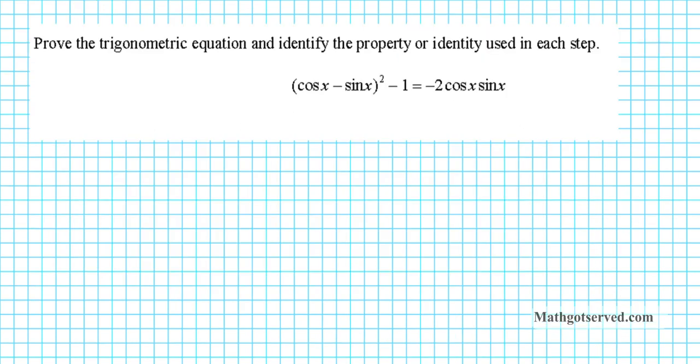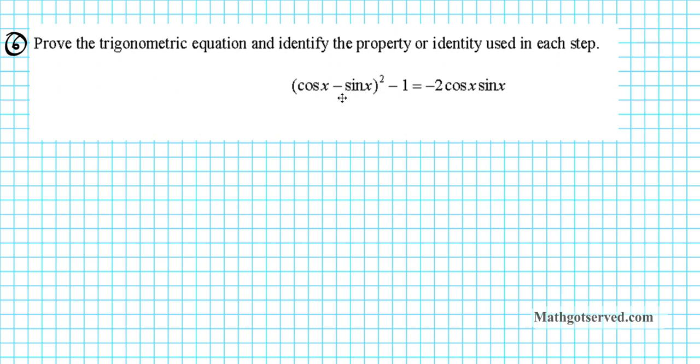Now, all right, let's take a look at question number 6. Question 6 says prove the trigonometric equation, identify the property or identity used in each step. So first thing we can notice is that this quantity is being squared, cosine minus sine x.